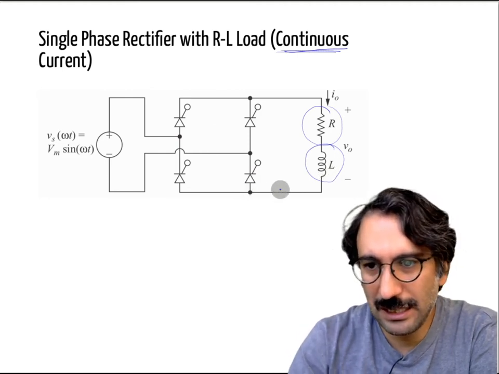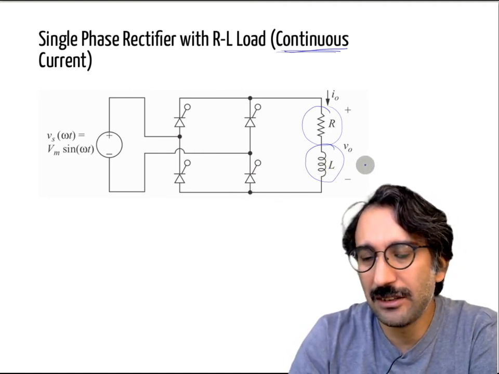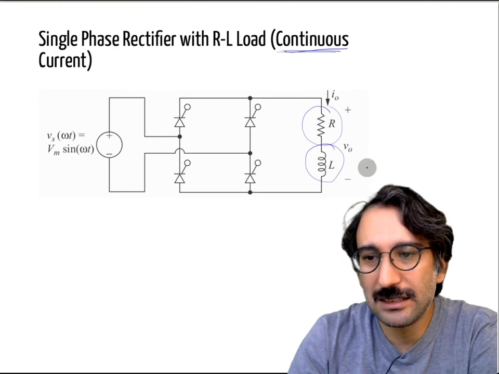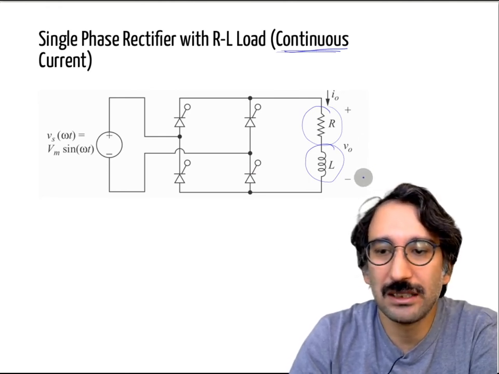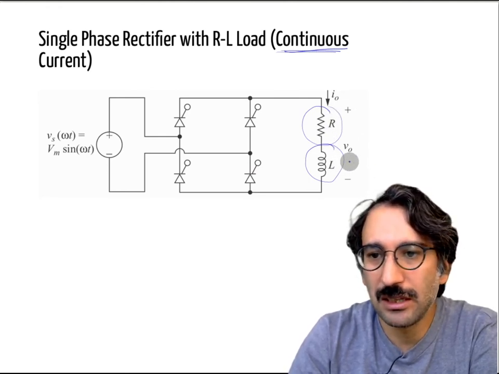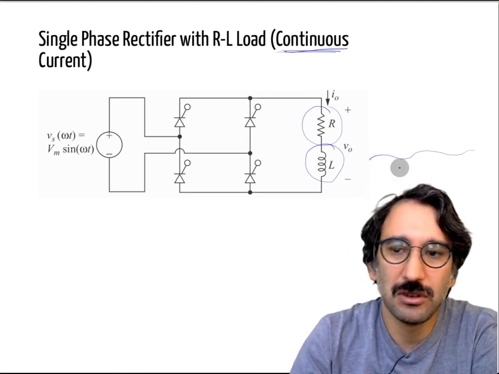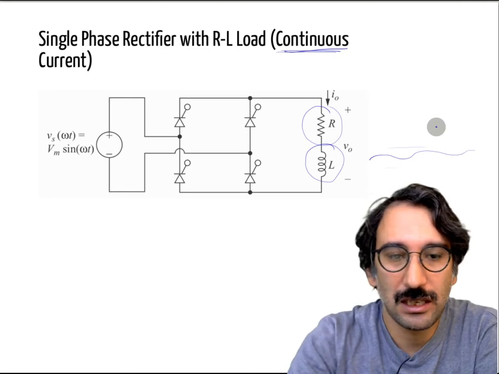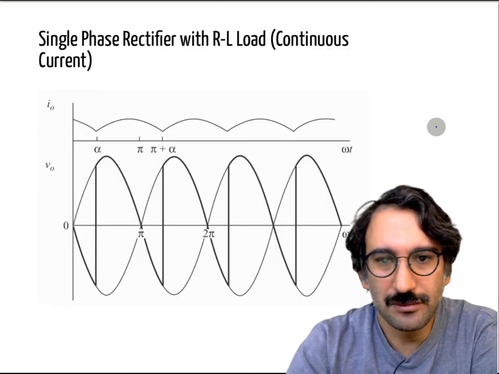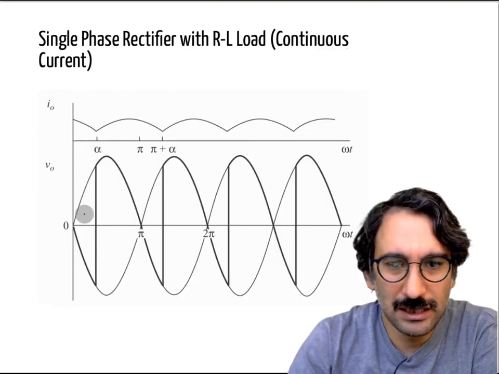And again, if L is really large, then that load can be simplified as an ideal current source, but now L is not that big, and because of that the output voltage and output current can go up and down.